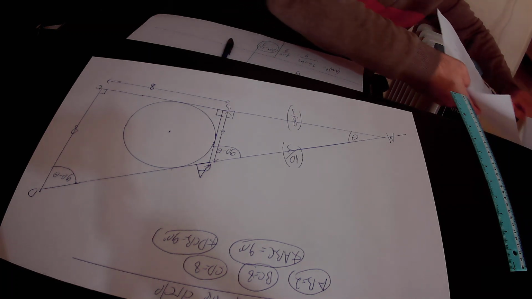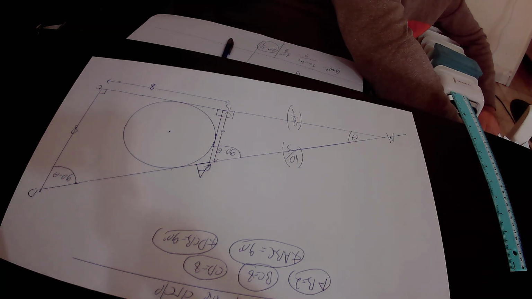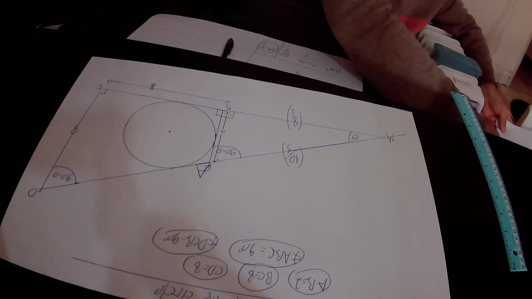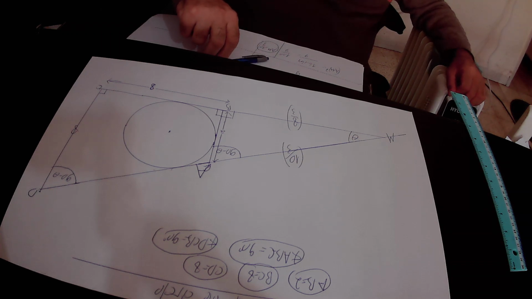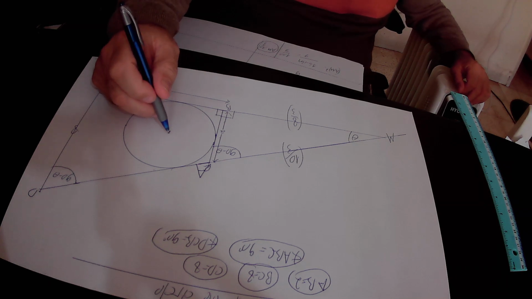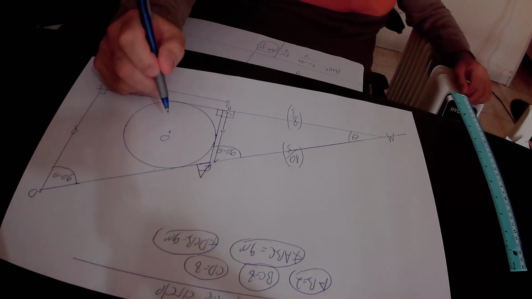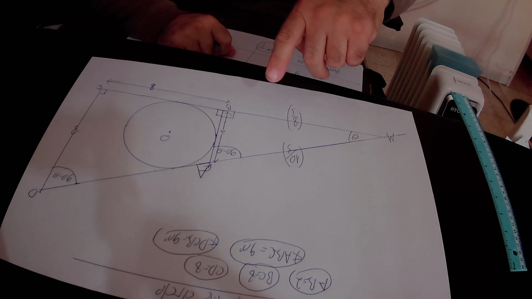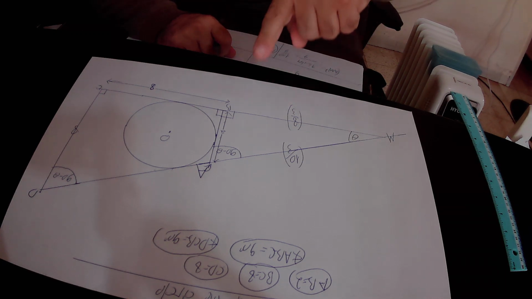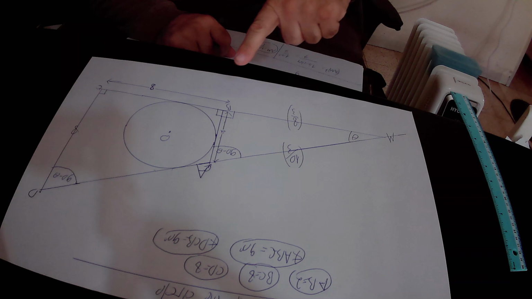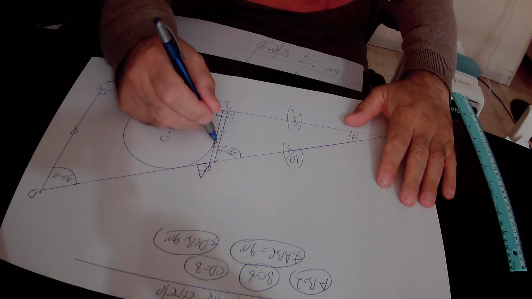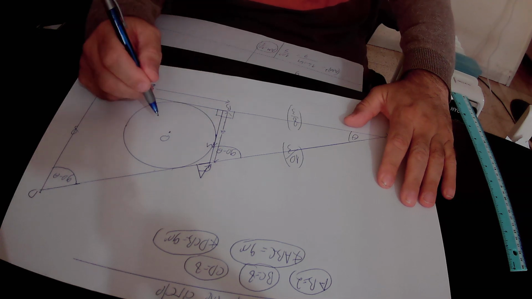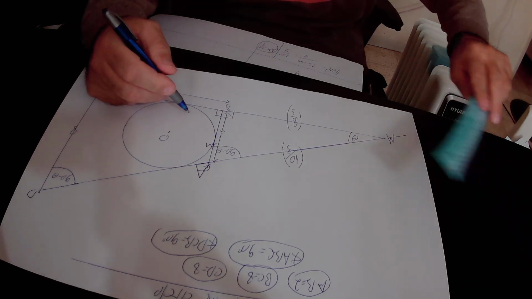So we'll implement rule number 1 in our drawing. First of all, we'll define the center of this circle at this point as O. We'll define the point of tangency between side AB and the circle as M. In the next step, we join points O and M together by a straight line.